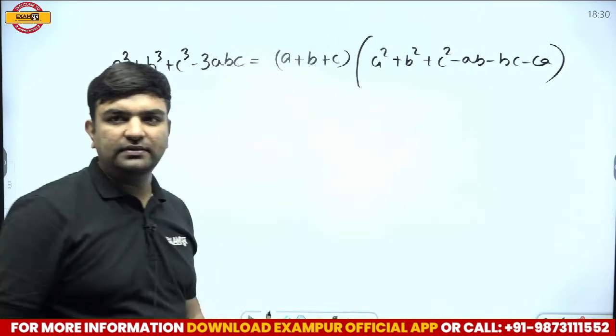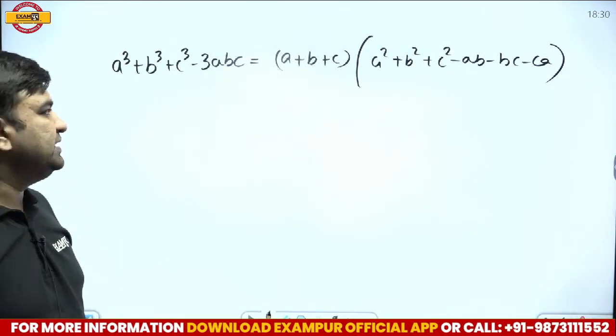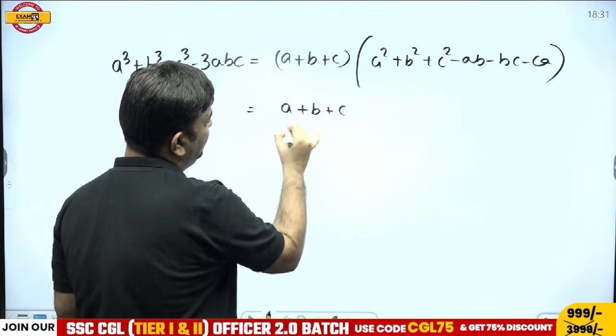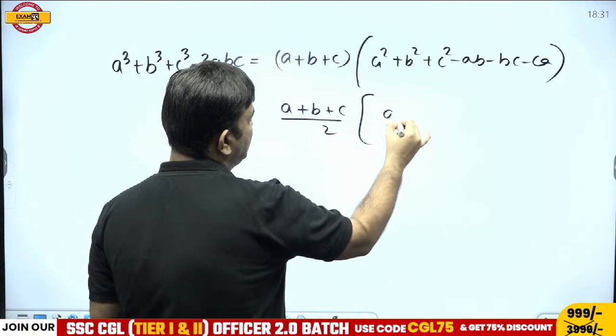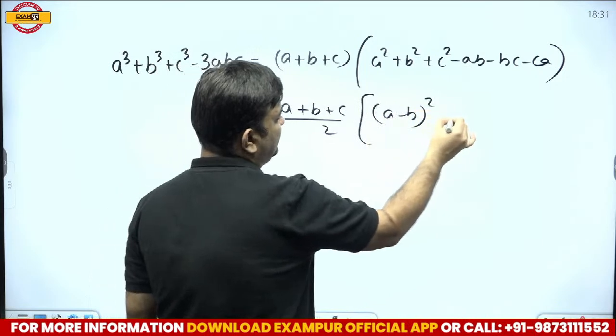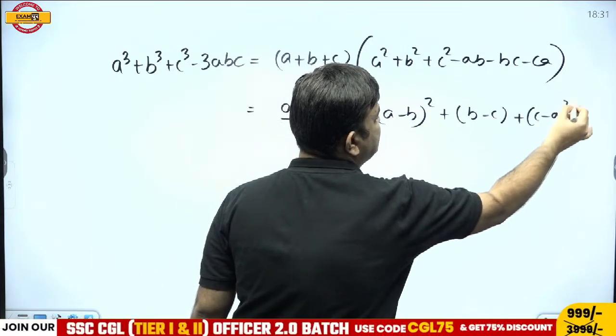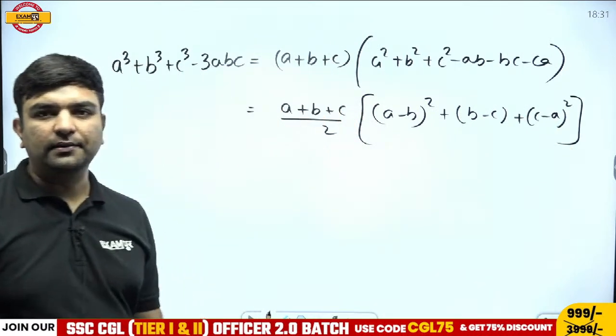No one uses it these days. The second one is a plus b plus c divided by 2, a minus b ka whole square, b minus c ka whole square, c minus a ka whole square, when ABC values are given or they are close to each other.